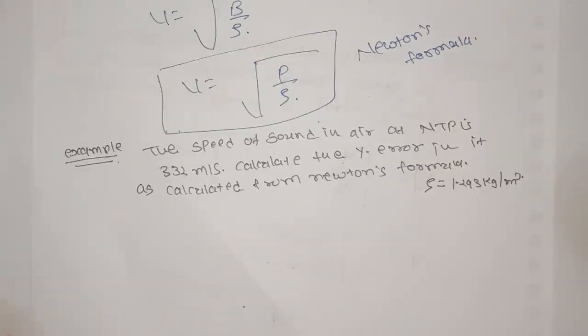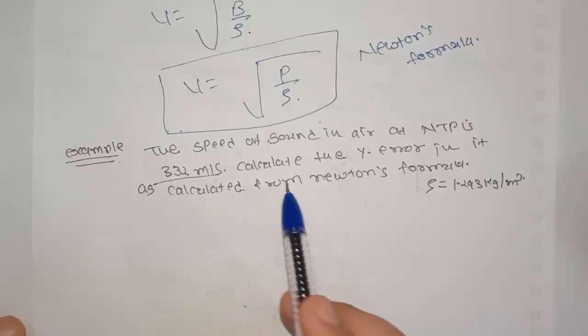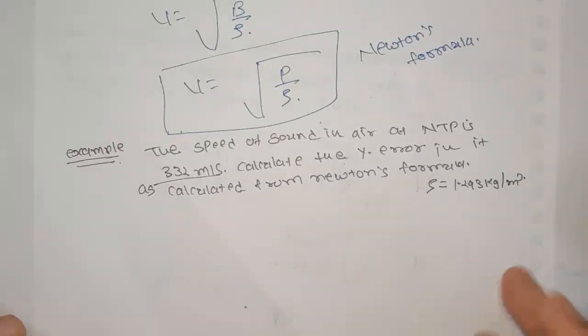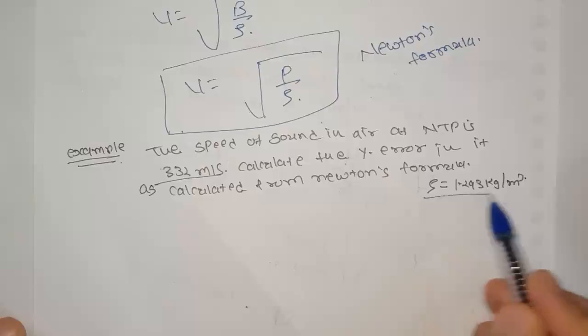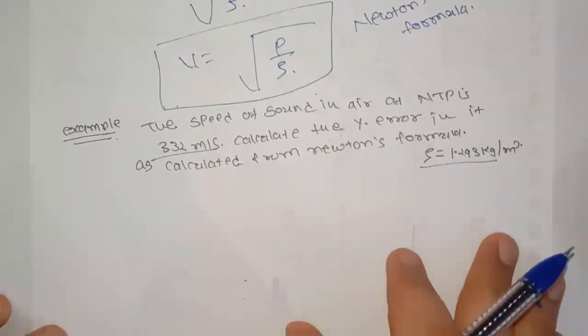Let us see an example based on this formula. The speed of sound in air at NTP is 332 meter per second. This is the observed value. We want to find the percentage error in the speed of sound as calculated from Newton's formula. Given density of air is 1.293 kg per meter cube.